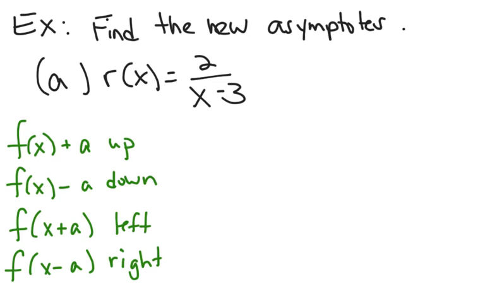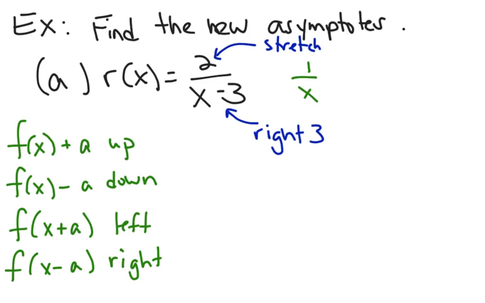So if you think about r of x equals 2 over x minus 3 as a transformation on the graph 1 over x, you'll notice that the graph went to the right 3 and it got stretched vertically. Not that I'm worried so much about that, because stretching vertically doesn't change where the asymptotes are.